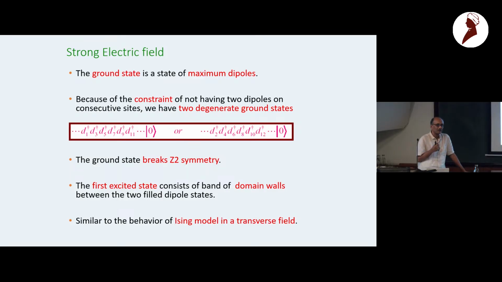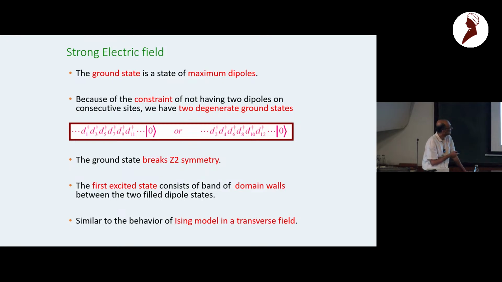But notice that this maximum number of dipoles has an interesting feature. You can have dipoles on the odd links or the even links, but not both, because you cannot have dipoles on neighboring sites. So there are two equivalent ground states where the dipoles are formed either on all odd links or on all even links, between two sites.